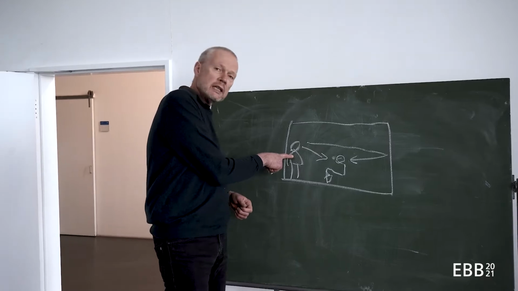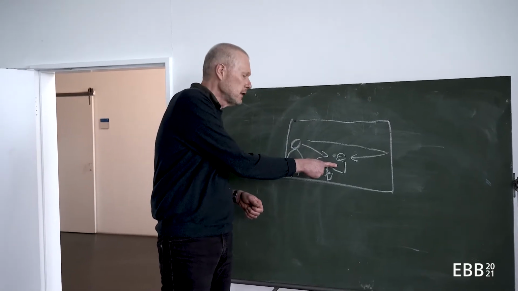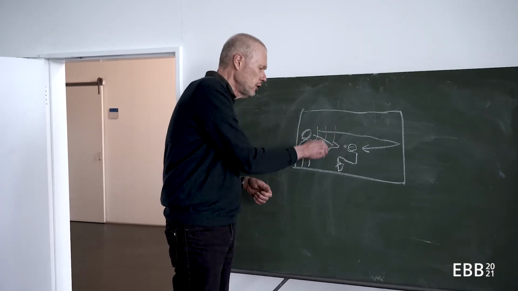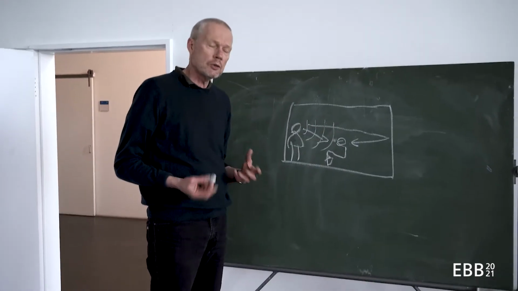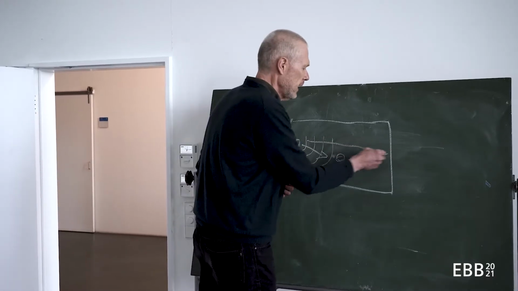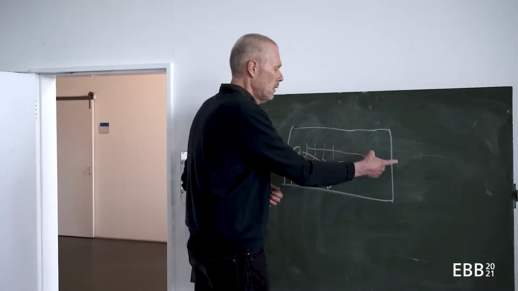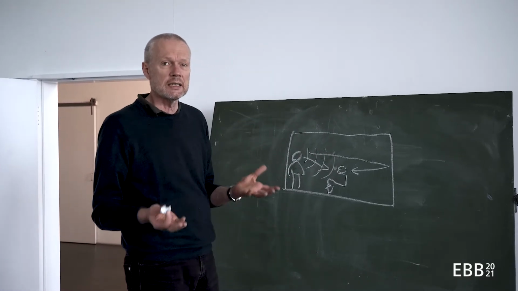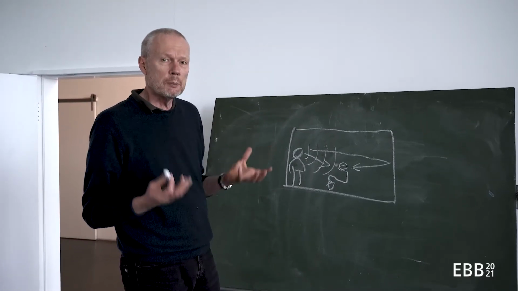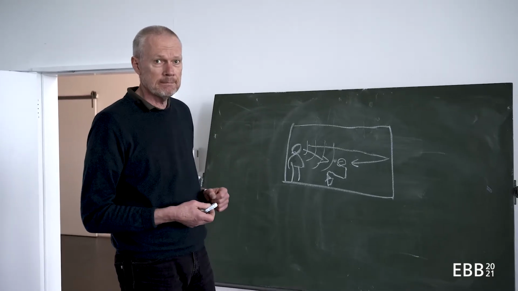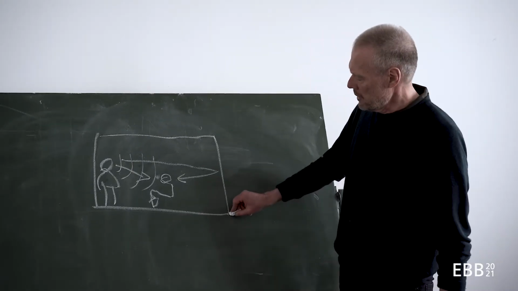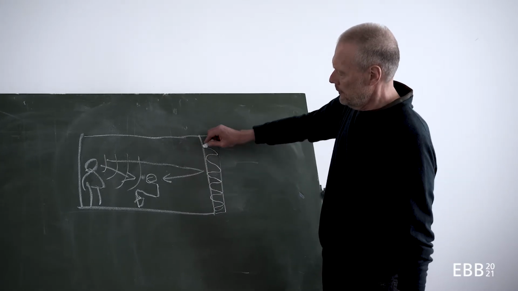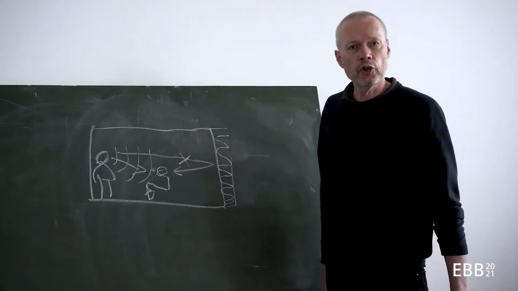If I'm talking here to a student who is sitting here, he is receiving direct sound waves from my voice, but he also will be receiving reflected sound waves from the wall behind him. So this creates two sounds at a time, which are bad for audibility in the space. What we can do about this is to add absorbing material here in the back, so this will not occur.